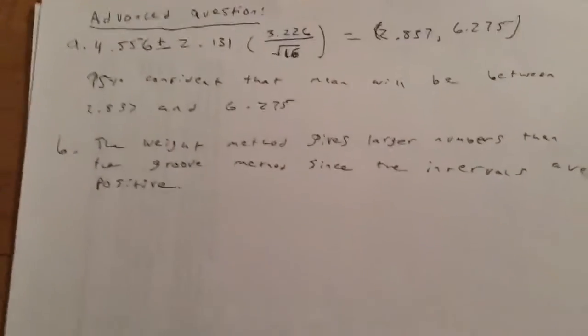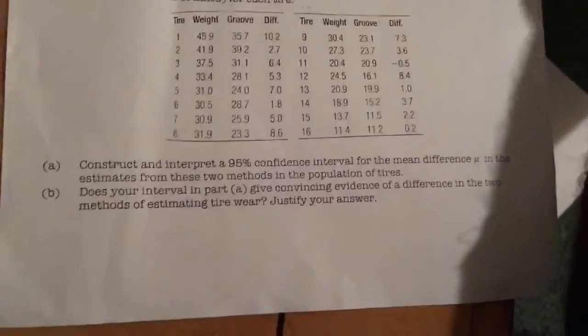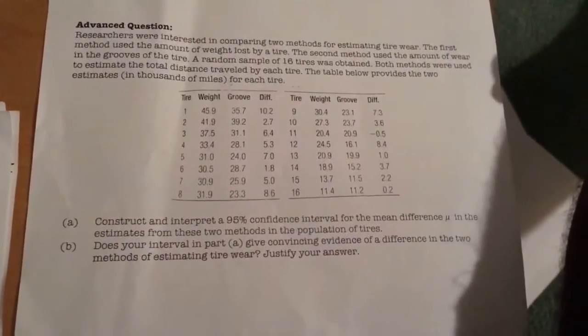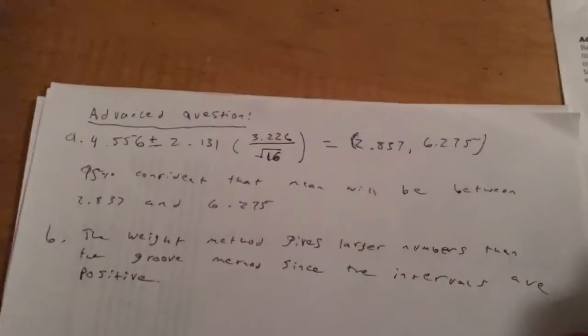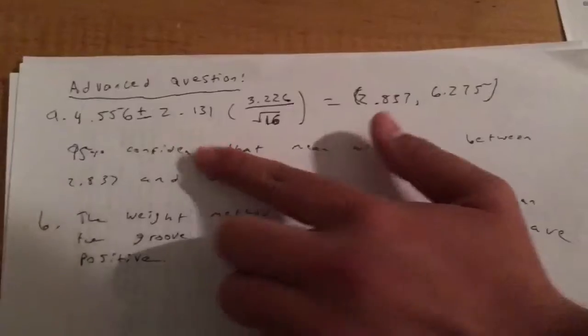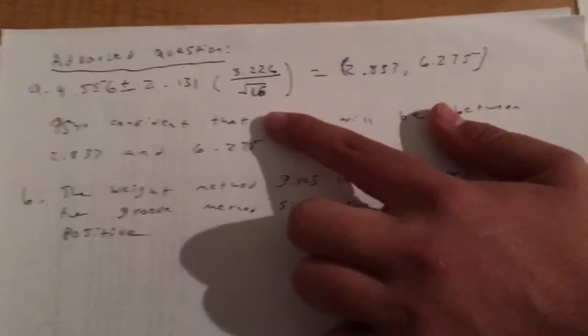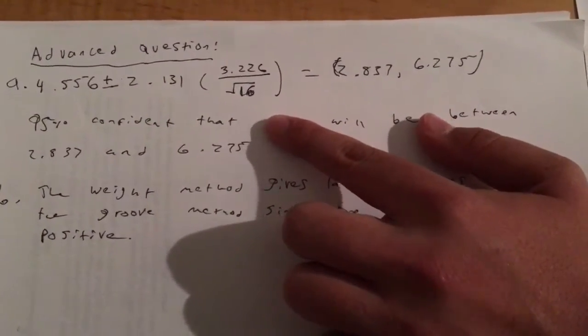Now we'll come to the advanced question. A on the advanced question says construct and interpret a 95% confidence interval for the mean difference of the estimates of the two methods in the population of tires. For A, you start by listing 4.56, which is the mean, plus or minus 2.131 times 3.226 over the square root of 16.